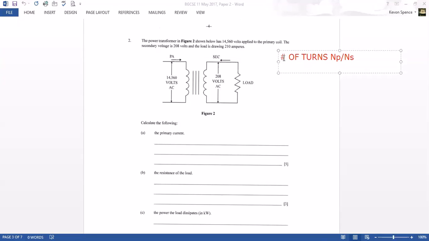P means primary. Good. So when you see P, that's the primary turns or the primary side of the transformer, and S is secondary. Okay, number of turns, turns ratio.